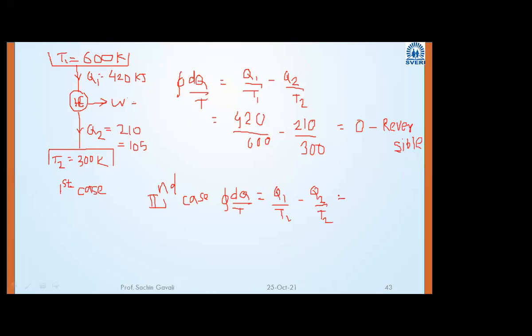You put the values and calculate. What is the value? 0.35. 0.35 means it is greater than 0. Therefore, the cycle is what? Impossible. Very good.